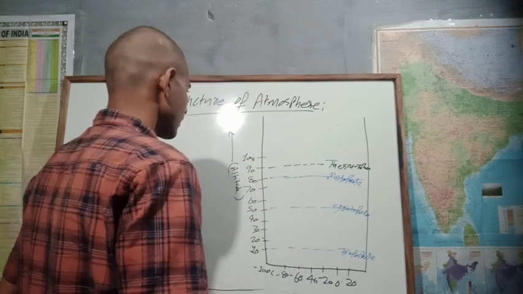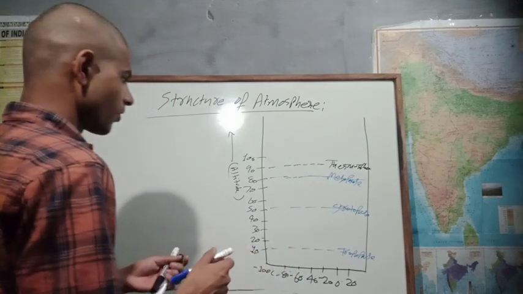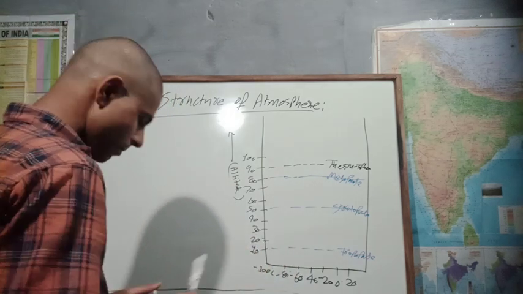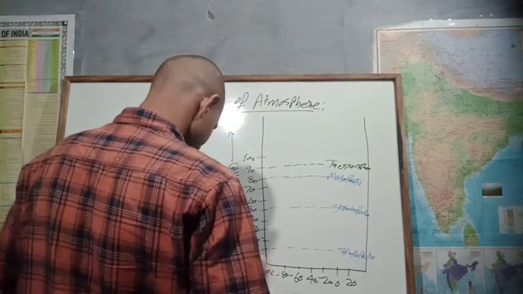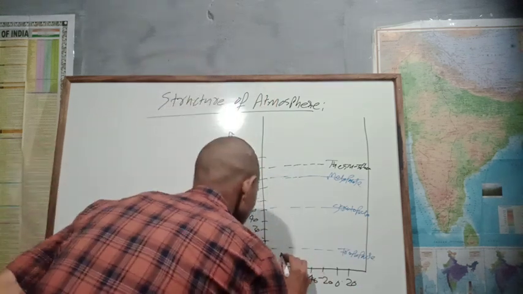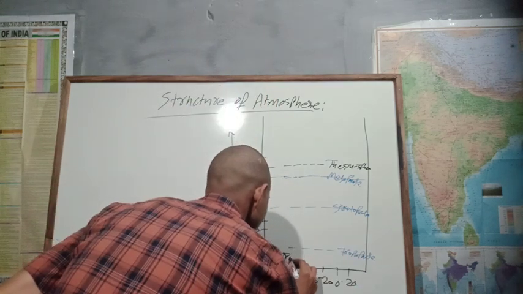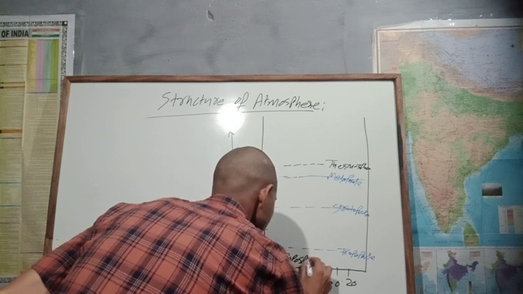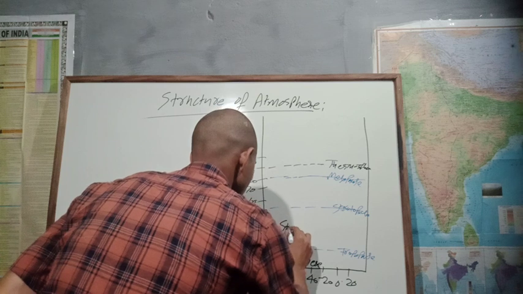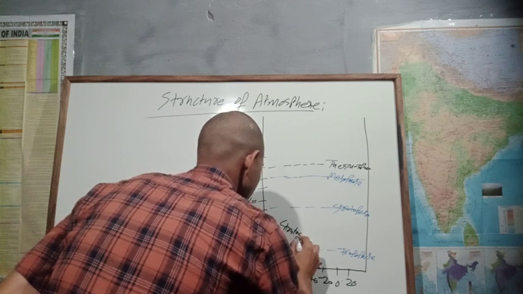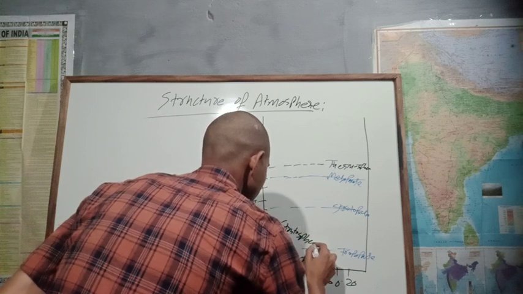Now I want to draw the temperature with black color. Is this rough, guys? This is troposphere, and this is stratosphere, and this mesosphere.